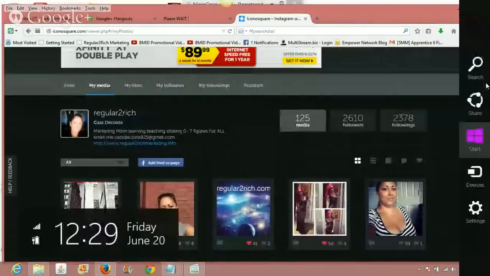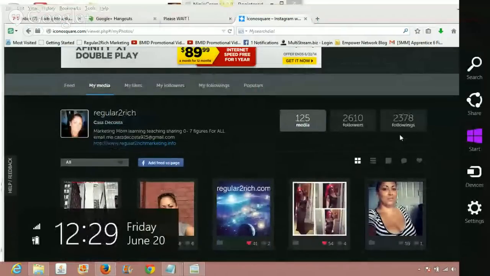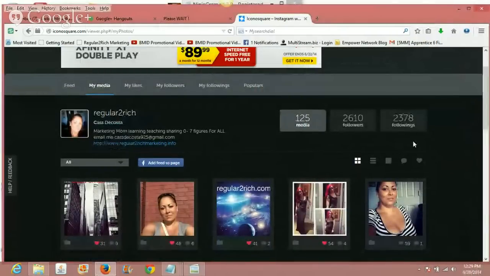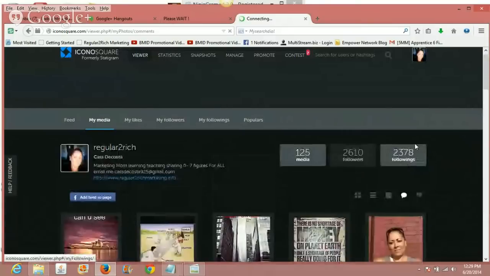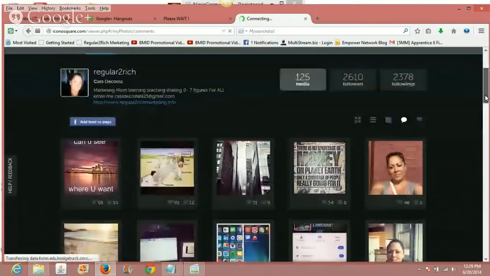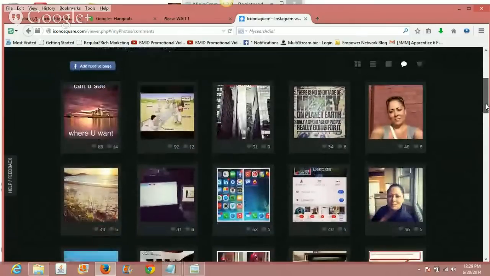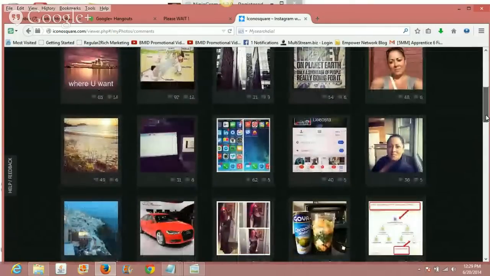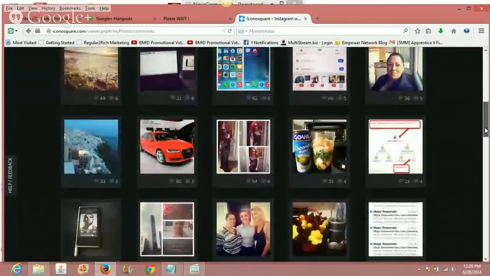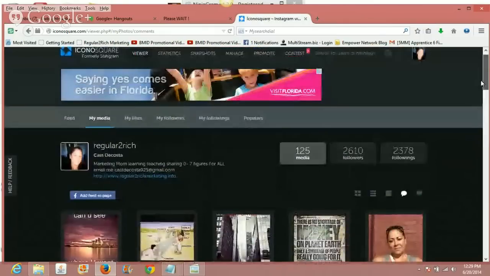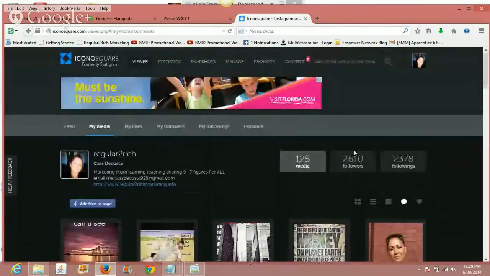It gives you just the basics: how many followers you have, how many people you're following, how many things you put up already. You can look at your comments. And these are all pictures that have been liked and commented on to some extent. You can go back and touch base with these people and re-look at it, which is nice.